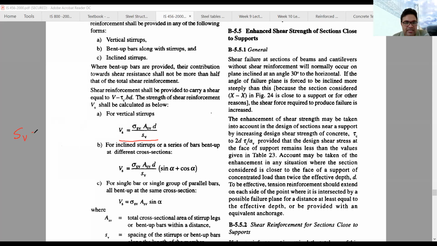We can write SV equals sigma SV into ASV into D upon VS. As the contribution of the vertical stirrups, we are representing this as VS double dash. So this VS double dash value is actually this one. Okay, so this is how we will find out spacing in our slide.